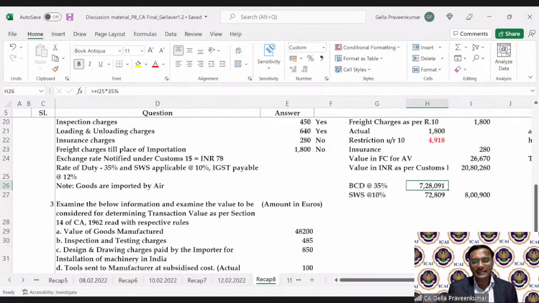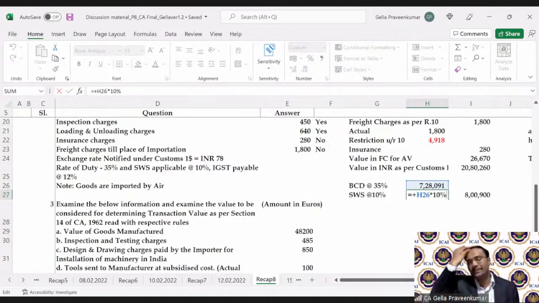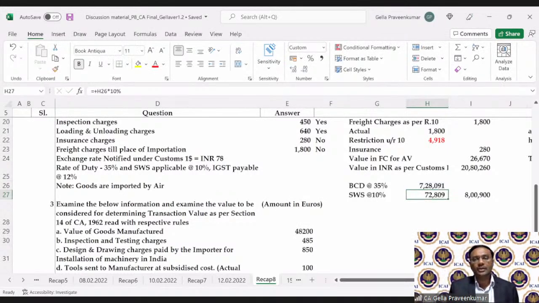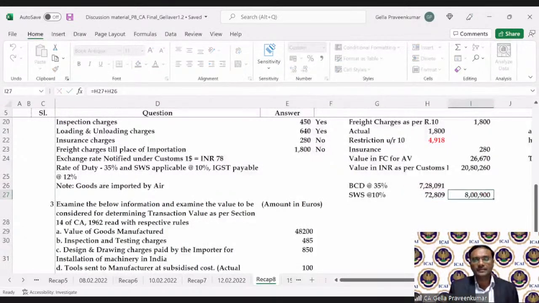On this 7,28,000, which happens to be my customs duty, I am calculating my social welfare surcharge at 10%. It happens to be 72,809. My total basic customs duty and social welfare surcharge is 8,00,900. I could see that Santosh has got both of them right.